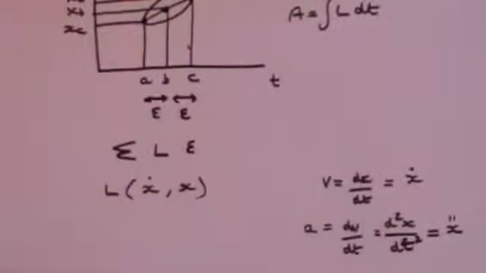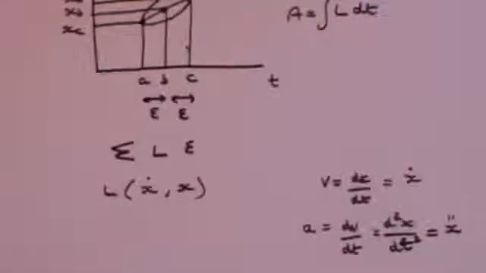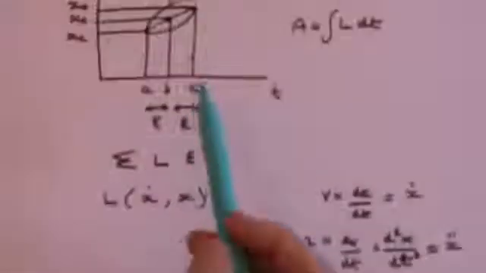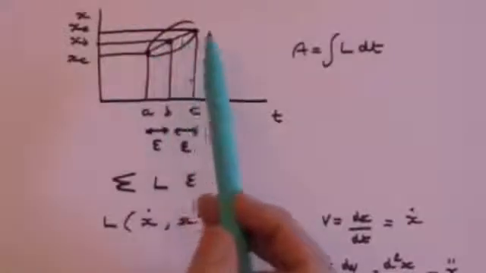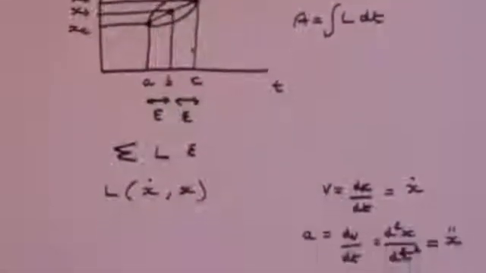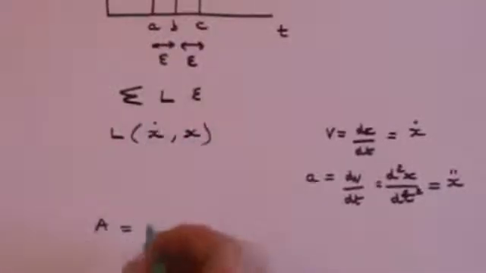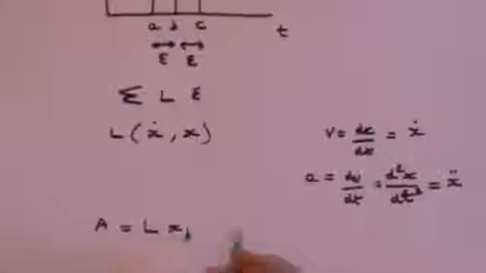So the Lagrangian actually has 2 variables associated with it, velocity and distance. So now let's look at the action associated with this journey from A to B and from B to C. Well, the action will be the sum of the two Lagrangians. That will be the Lagrangian which goes from A to B, which will be xb, that's one of its functions.